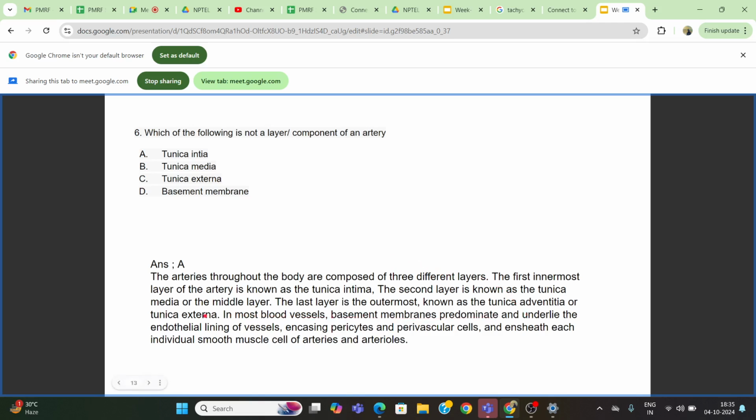The second layer is known as tunica media, the middle layer, and the last or outermost layer is known as tunica externa or tunica adventitia. In most blood vessels, the basement membrane underlies the endothelial lining of the vessel, encasing pericytes and perivascular cells and ensheathing each individual smooth muscle cell of arteries and veins. So the basement membrane is part of most blood vessels, but here it is not listed as a layer. The correct answer is option A.